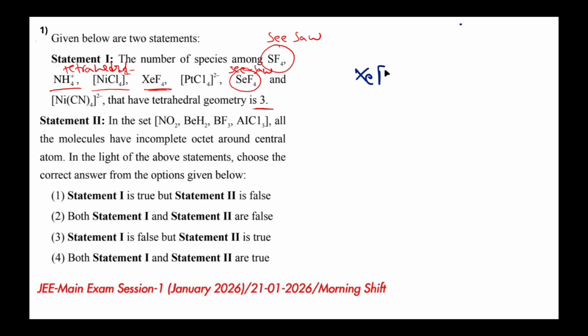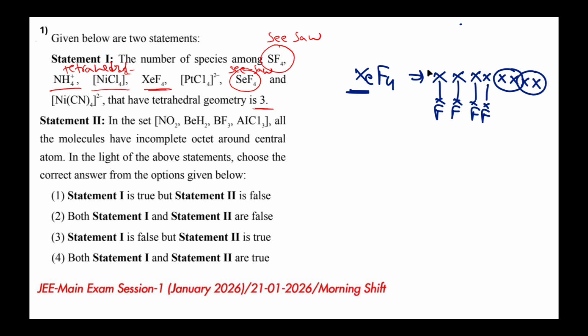Then XeF4. In the XeF4 molecule, xenon is the central atom, which belongs to the 18th group. Valence electrons are 8. It is bonded with 4 fluorine atoms, each fluorine contributing 1 electron. The remaining electrons, 2 electrons each, become lone pairs. So this is s orbital, p, p, p, d, d, which is sp3d2.